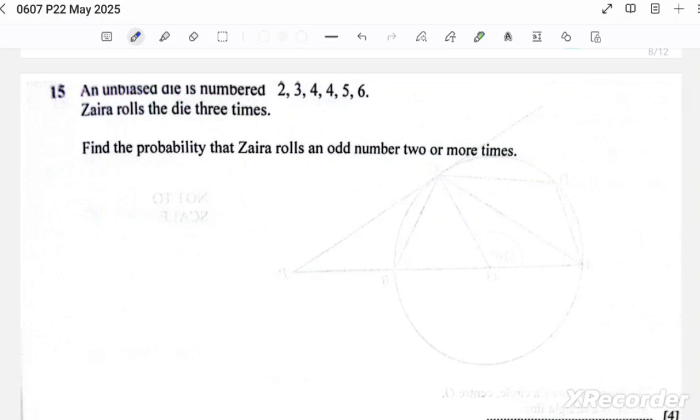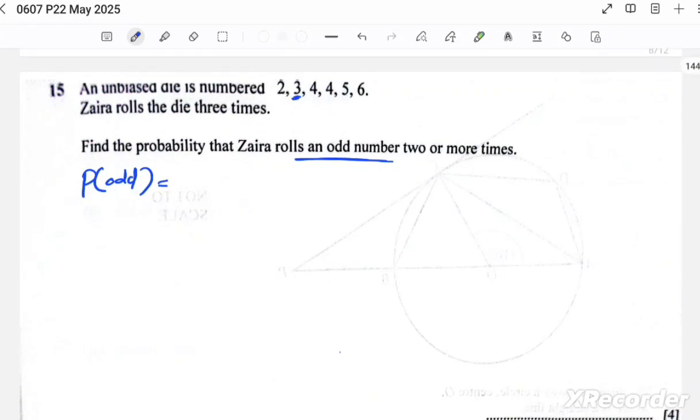Before solving this one, let's see what the probability of odd is and what the probability of even is. Let's count how many odd numbers we have. We have 3 and 5, so 2 out of 6, which is 1/3. So the probability of odd is 1/3, and of course the probability of not odd, which is even, is 2/3.